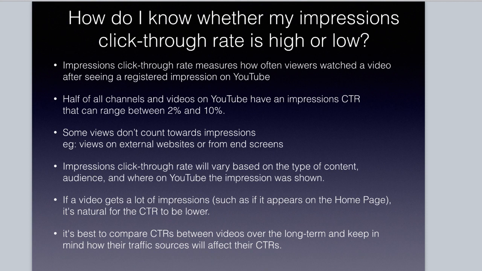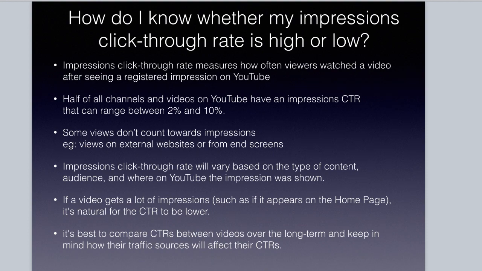I want to talk about impressions click-through rate, because if you get a high click-through rate on your thumbnail, then it'll be pushed out to more videos, more channels on YouTube, especially in the suggested videos, which appear on the right side of the watch page. Impressions click-through rate, according to YouTube, measures how often viewers watched a video after seeing a registered impression on YouTube.